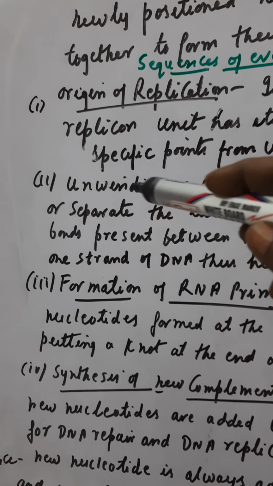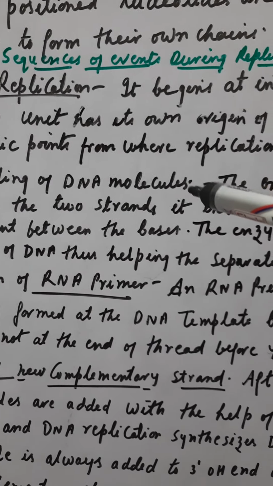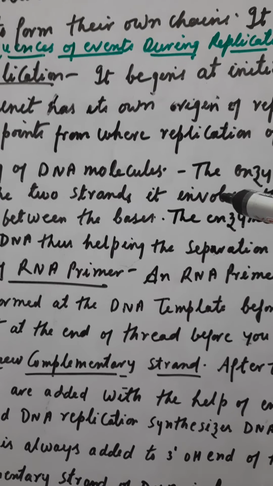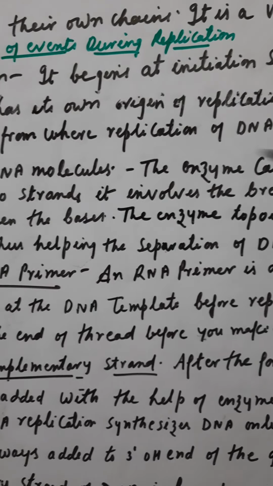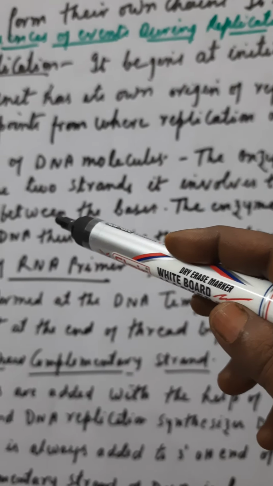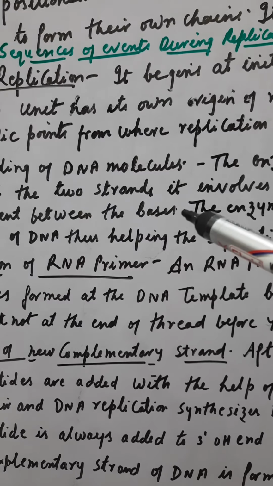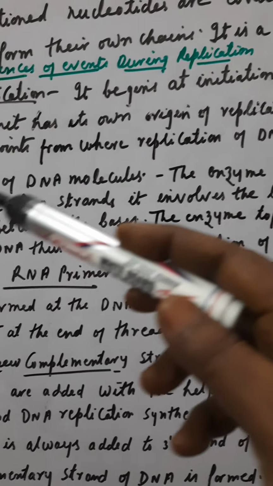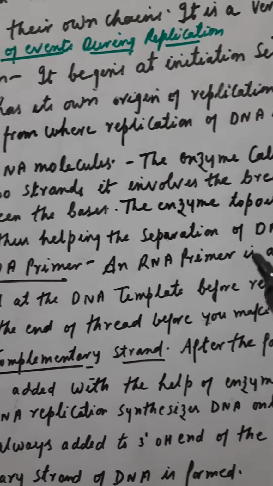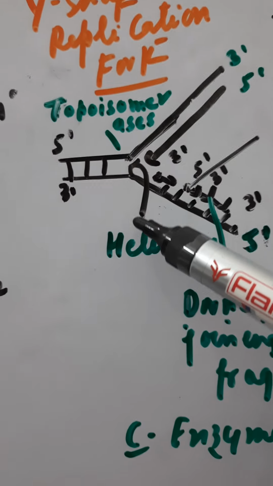Then the second point is unwinding of DNA molecules. The enzyme called helicase unwinds or separates the two strands. It involves the breaking of weak hydrogen bonds present between the bases. Here you can see this is the helicase.